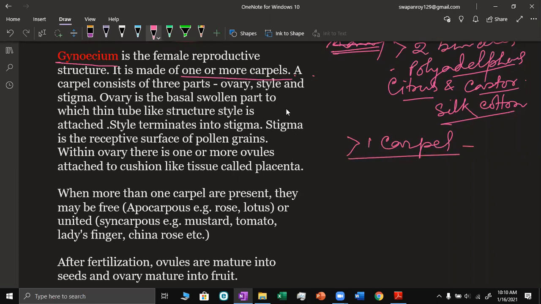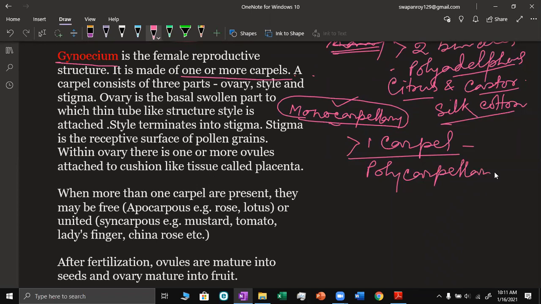When it is one carpel, we call it monocarpellary. The gynoecium is made of carpels, and carpels may be one or more. So one is monocarpellary, and more than one is called polycarpellary. And in polycarpellary, there are two conditions.